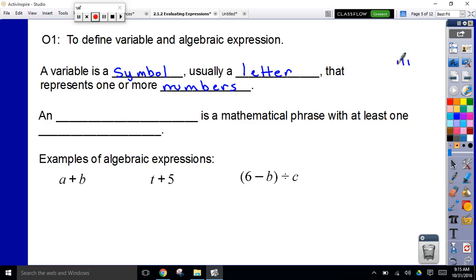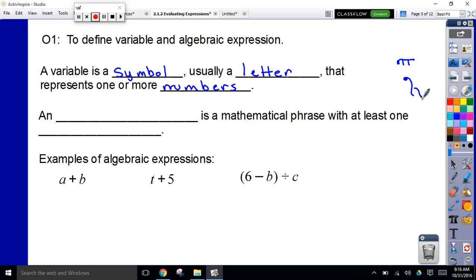And you all are probably familiar with the pi symbol. Well, actually pi stands for a number, so that's not a variable. But sometimes we'll use things like this, not in this class, but sometimes you'll see things like that in other classes as you go on down the road.